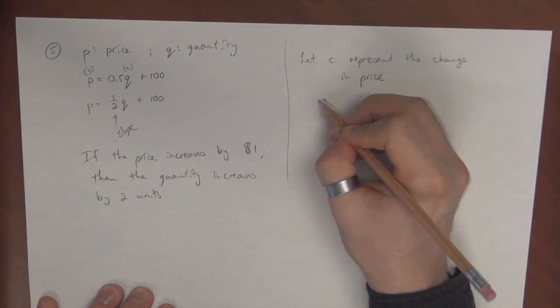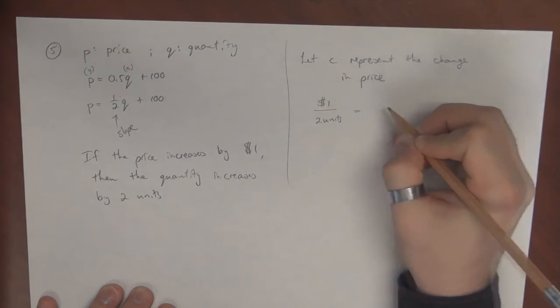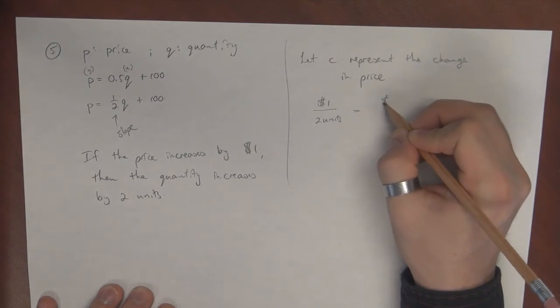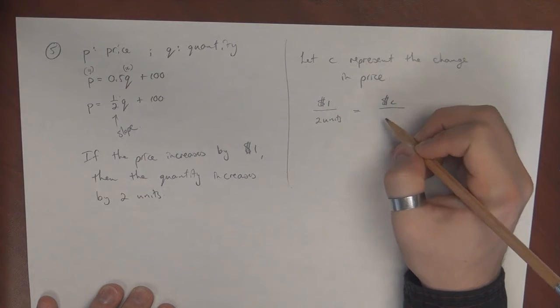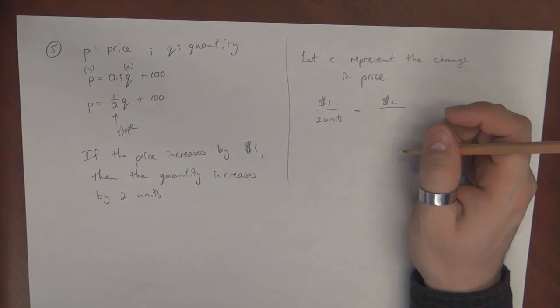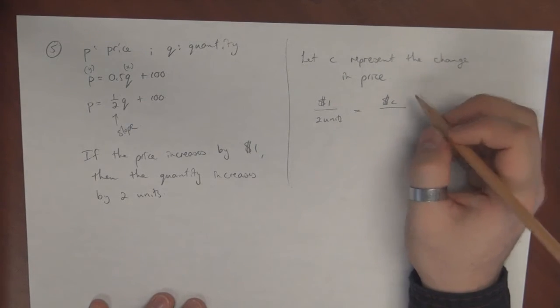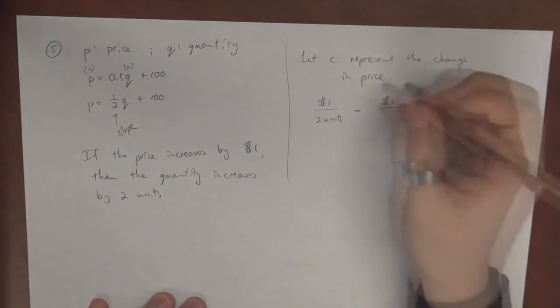Now, an increase of $1 goes with an increase of 2 units. So a change of C dollars goes with, if the price increases by $5, what is the change in the supply?